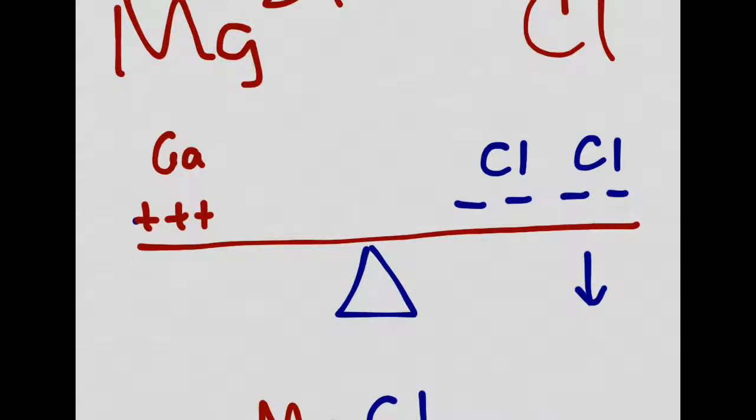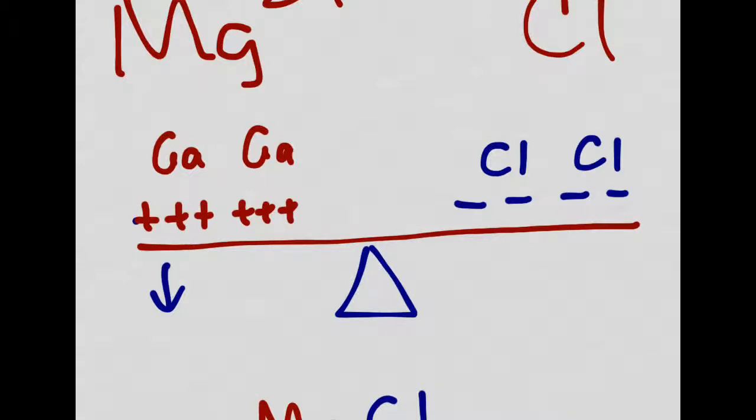So that's not going to work. So what if I add another gallium to the other side and throw in another? Now we did the wrong thing again, because we overbalanced it, and instead of pushing down on the right side, we're pushing down on the left side. That's not a good thing either.